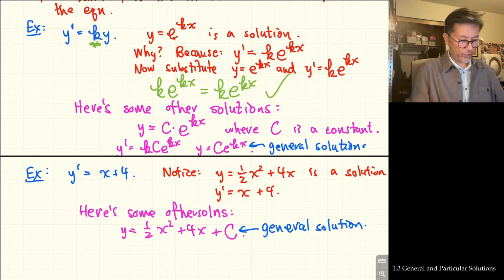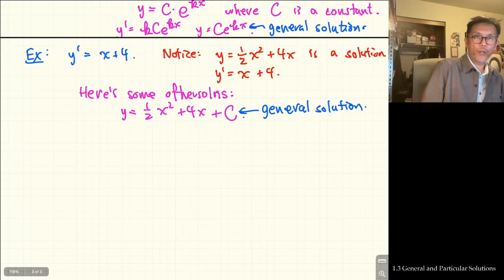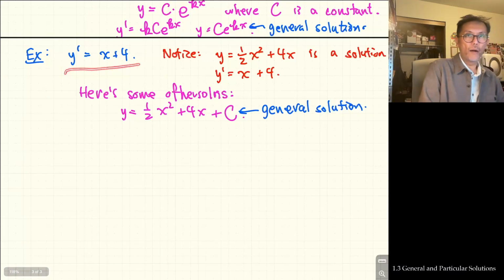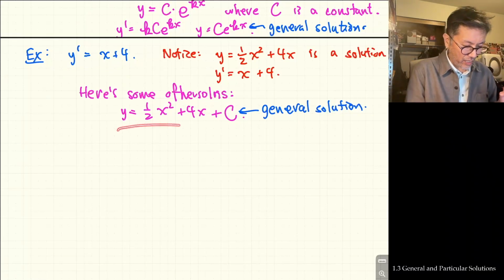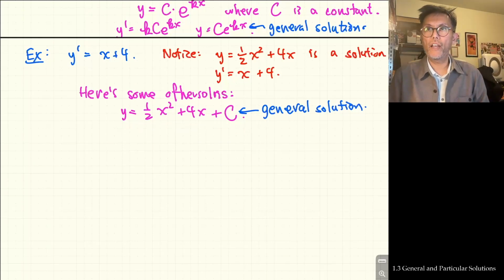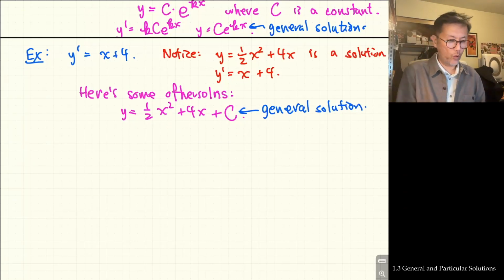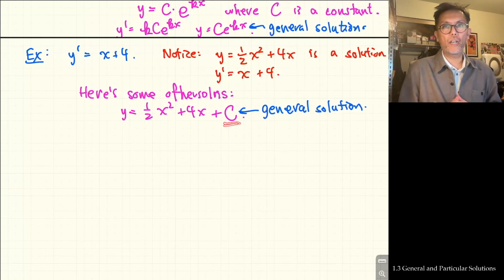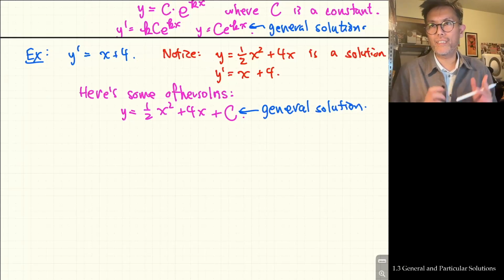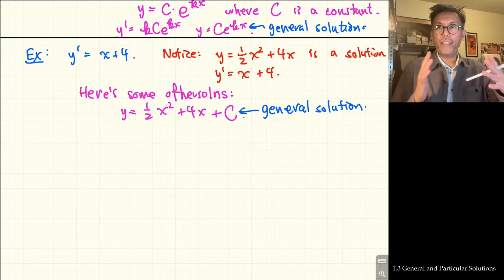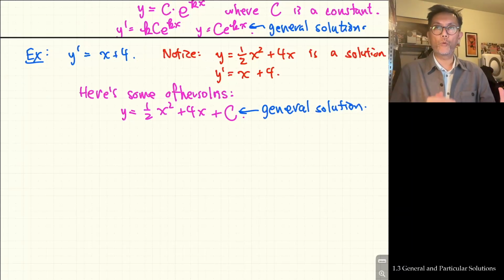And similarly for this differential equation, y prime equals x plus 4. Not only is this a solution, every solution is of this form for some choice of this parameter or this constant c. Okay, you can make that c anything you want it to be, and it will be a solution.